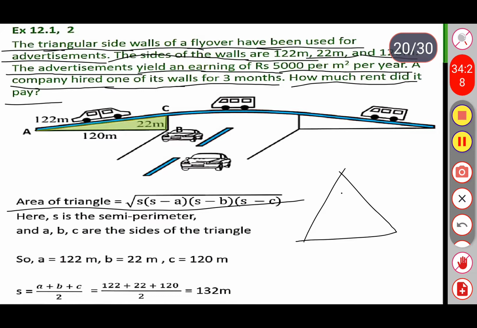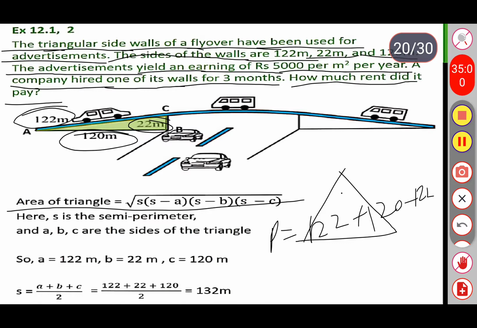Three sides of the triangle are given. Just consider the one triangle here. One side is 122, another side is 120 meter, and the one more side is 22 meter. So add all these three sides, you will get the perimeter of the triangle. First find the perimeter by using the formula P is equal to a plus b plus c. It means 122 plus 120 plus 22.